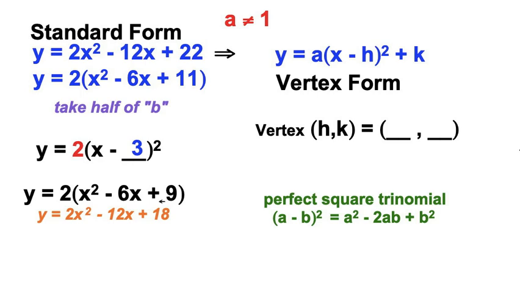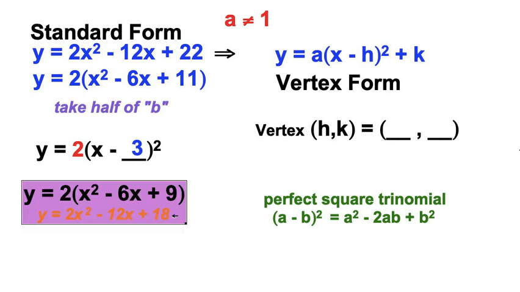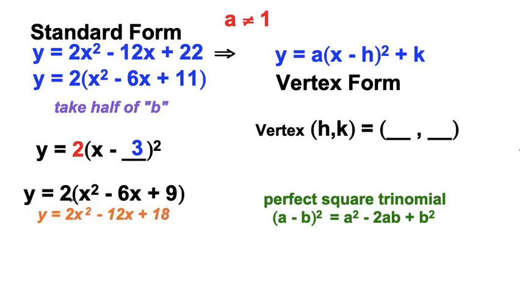Now, here comes the next tricky part. This equation looks really good. We've got the h. The h is the 3. We need the k. Now, we're trying to adjust to get back to our original equation up here. But you've got to remember that this 9 is not a 9, it's really an 18, because you have a leading coefficient of 2 here.